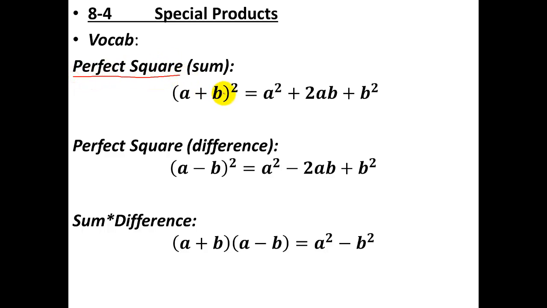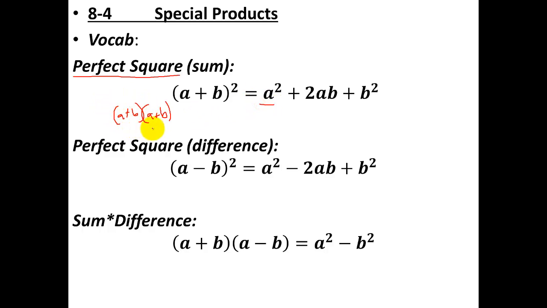A perfect square is anything in parentheses squared. Now, if the thing in parentheses is a binomial, then the way that you would write it out would be a plus b, and then when you square something, you multiply it by itself, so you write a plus b again. So if you apply FOIL or the rectangle diagrams or distribution to this product, a plus b times a plus b, so the first term is a times a, which is a squared.